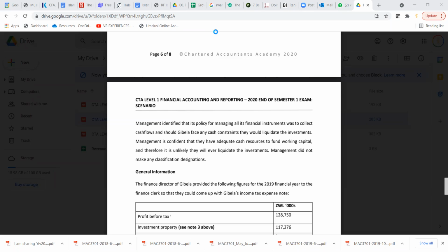If it does not meet fair value through OCI, it will be fair value through P&L. The only time it can automatically be fair value through P&L is if you are holding the assets for trading. But if you're not holding for trading, you need to show why it's not amortized cost, why it's not fair value through OCI, and then it comes to P&L.